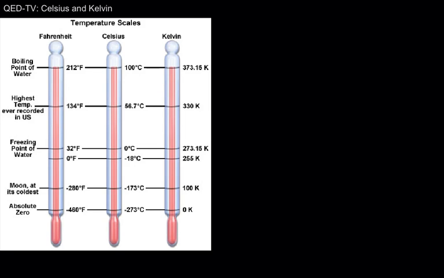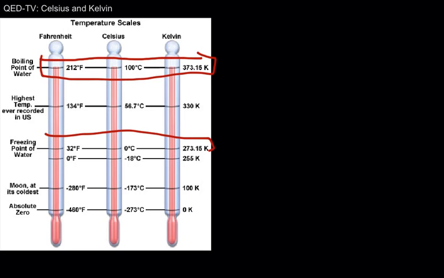What I mean by that is if you look at the boiling point of water right here, and we look at the freezing point of water right here, and we take the difference between the boiling and the freezing points, you'll notice that in the Fahrenheit, from the freezing up to the boiling, it's 180 degrees of Fahrenheit change. There's 180 Fahrenheit degrees between boiling and freezing.